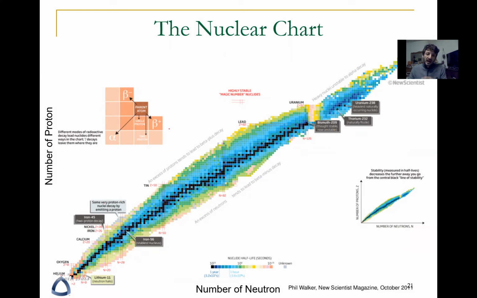If you go away from this line, up or down, you go to the region of the unstable elements. For example, in this region, you have fewer neutrons and more protons.